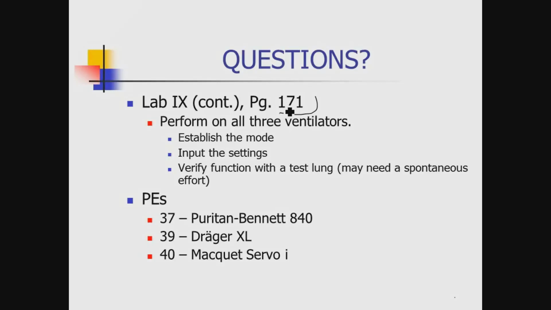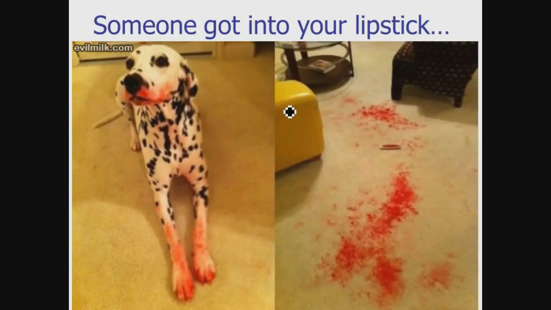You can see on top there's some settings. What you should be able to do is get comfortable plugging those settings into each of the 3 ventilators. Some of those settings are spontaneous modes, so you'll need one of the test lungs that will act like a spontaneously breathing patient. Does that make any sense? How about if I walk through them with you? And then the 3 PEs will end up being there. You'll be able to get to it. There we go.